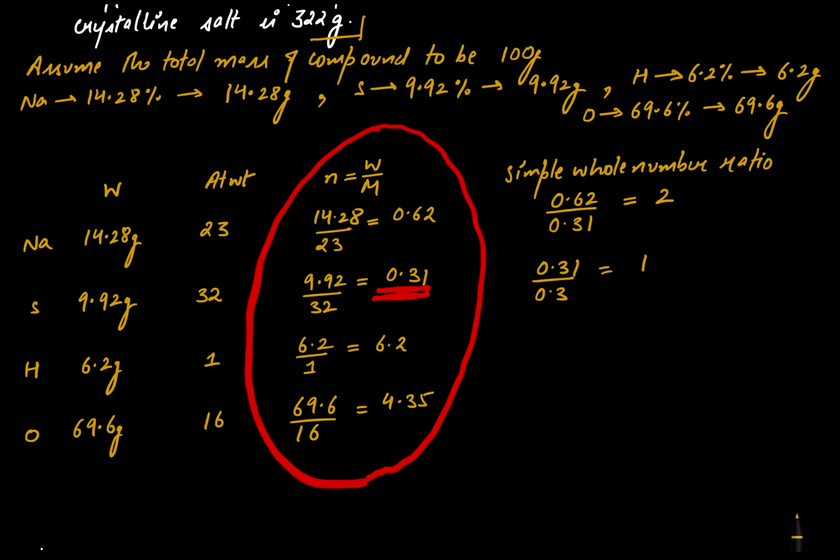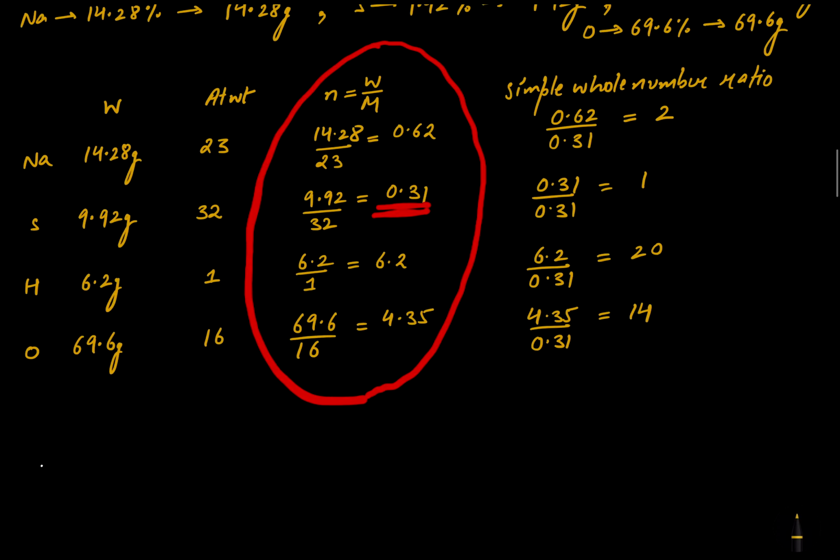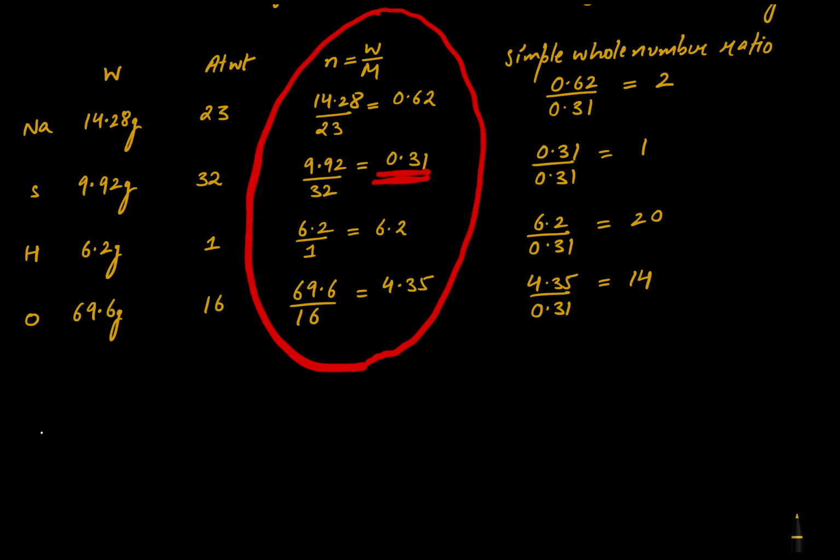Now 6.2 divided by 0.31, and it comes out to be 20. And lastly 4.35 divided by 0.31, and it comes out to be 14. So I got this. The simplest whole number ratio will represent the empirical formula.